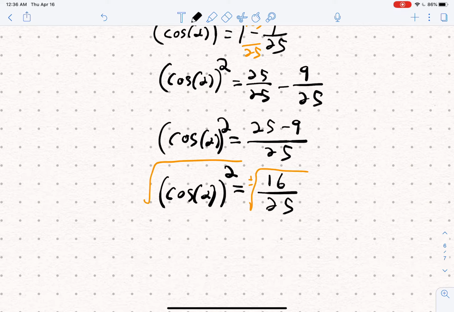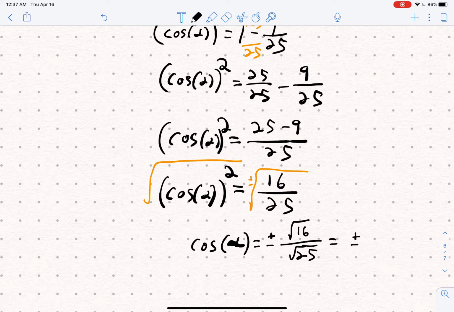Okay. On the left-hand side, we're just left with cosine alpha. And on the right-hand side, we have plus or minus radical 16 over 25. We can split that up into radical 16 over radical 25. And both of those have nice radicals, so this is equal to plus or minus 4 over 5.